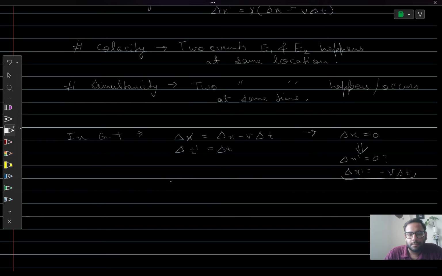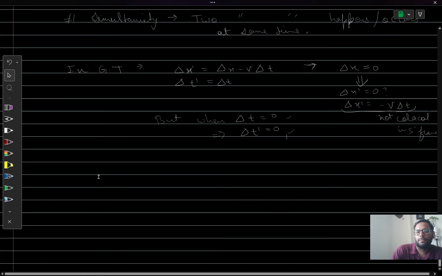Okay, so not co-local in the S prime frame. But when del t is equal to 0, this will imply del t prime is equal to 0. So if they are simultaneous in one frame, they will be simultaneous in the S prime frame, the moving frame, also.